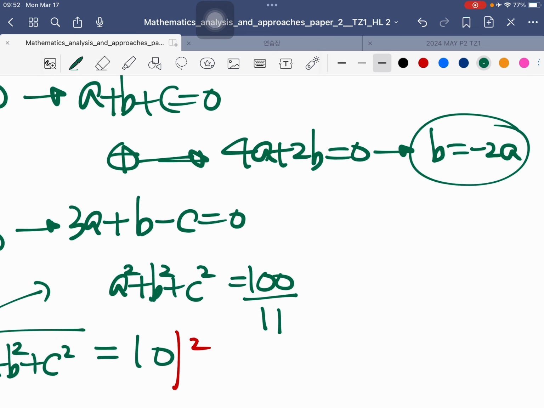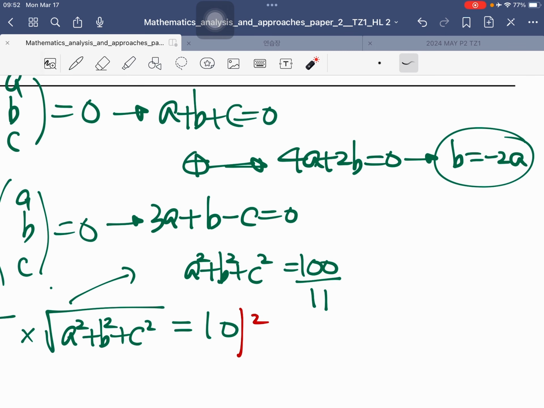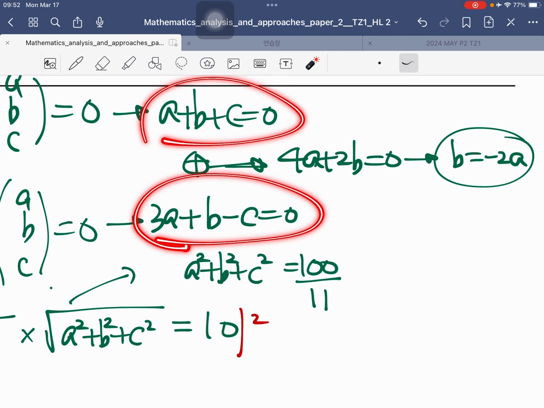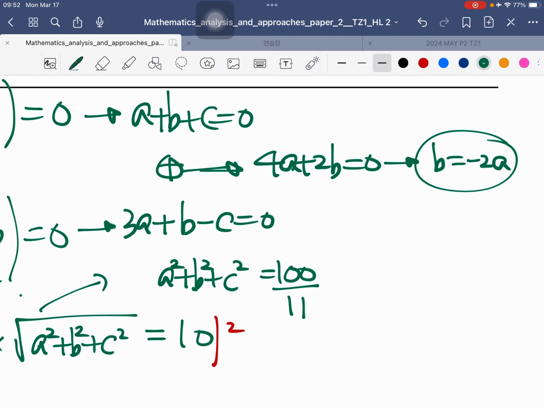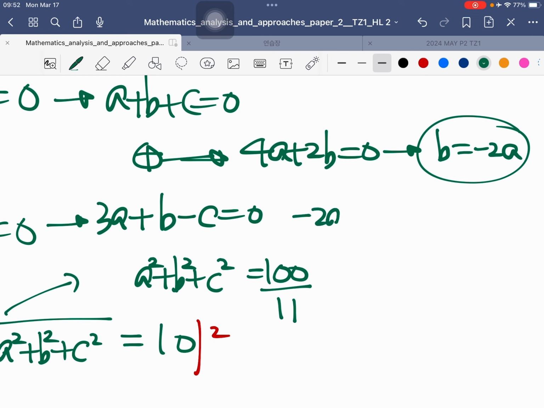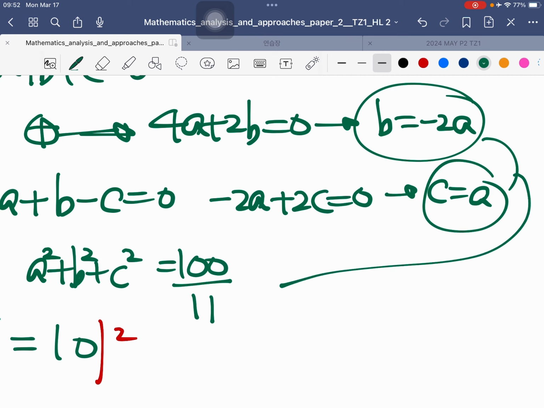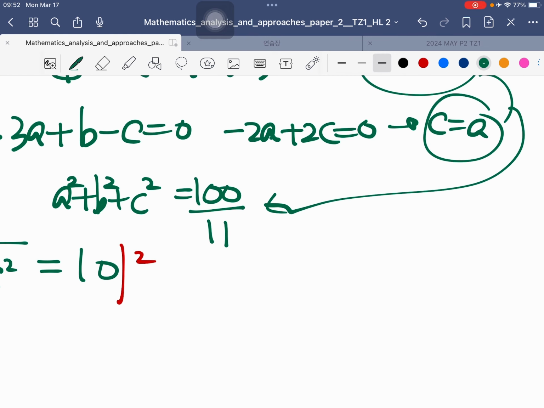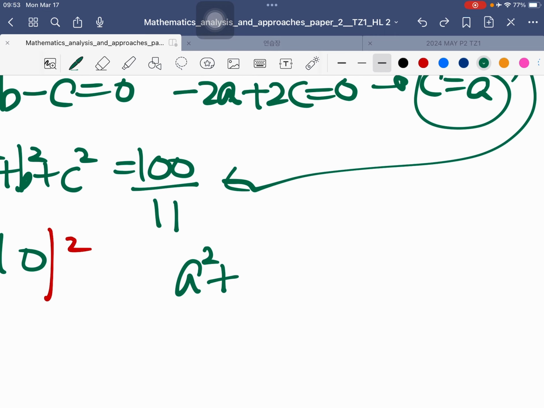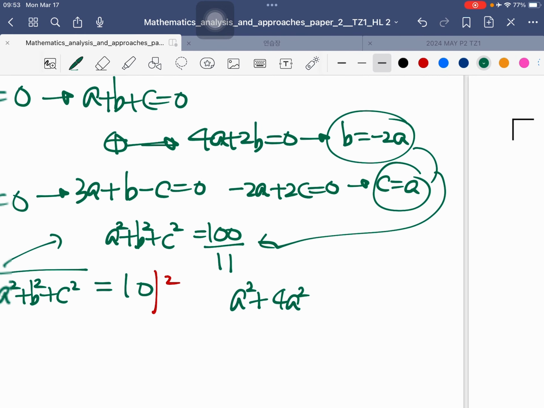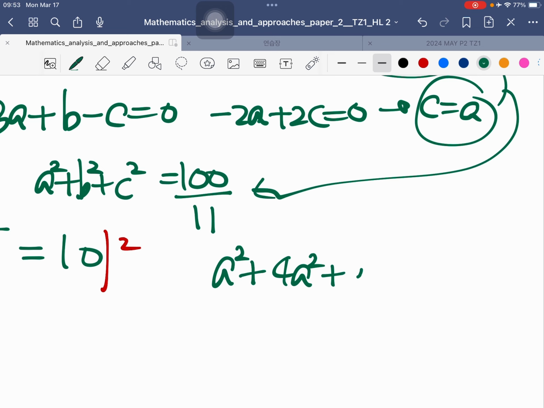And then subtracting one from the other gives minus 2A plus 2C equals 0, which means that C equals A. Putting this into the equation over here, we get A squared plus B squared, where B is negative 2A, squared is 4A squared, plus C squared, which is also A squared, equals 100 over 11.